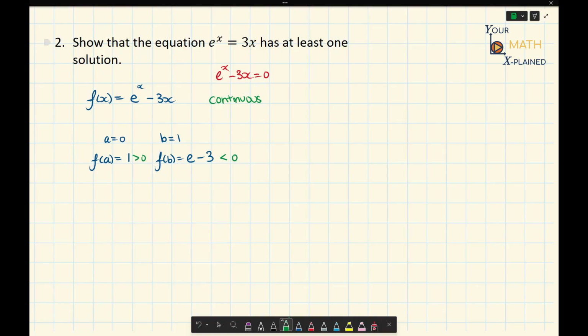And this is because we know that e to the x is continuous and 3x is continuous. So therefore, the arithmetic combination of those two continuous functions is continuous.